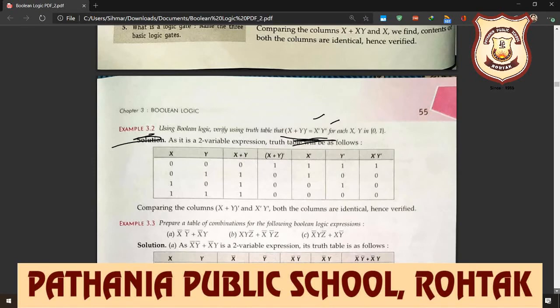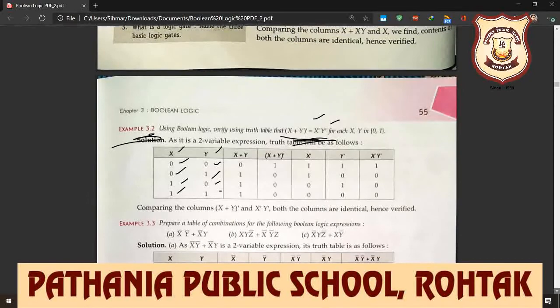So here we need the two variables truth table, and in two variables you can just write down x y. You can take any name, but here in the statement x y is used, so you can write down x and y here. So first you can write down two 0s, then you can write down two 1s, then in y 0 1 0 1.